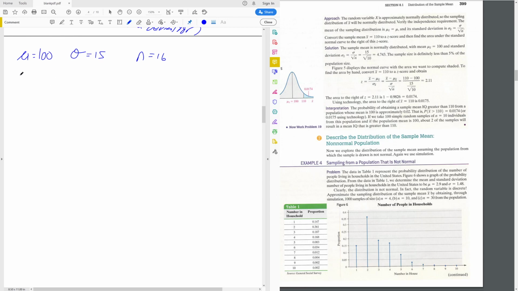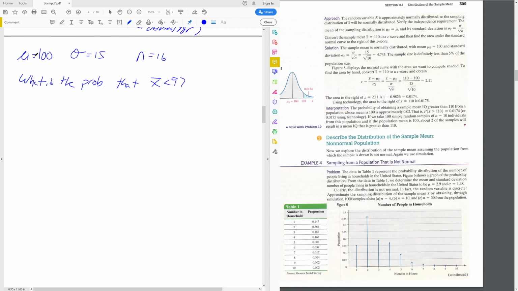What is the probability that the sample average of the 16 people we choose is, let's say, less than 97?